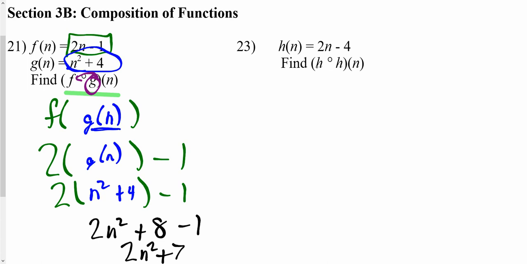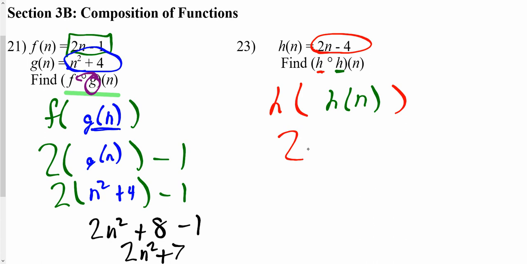Now, over here, I'm going to go ahead and rewrite this as an h with my input, with this, which I'm putting into it. Basically, I'm putting h into itself. So I'm going to put down what the red is. Now, the red says 2 times my input minus 4. But I'm putting in h of n.